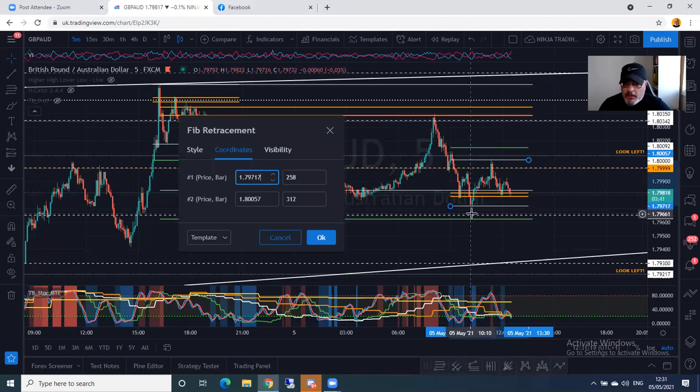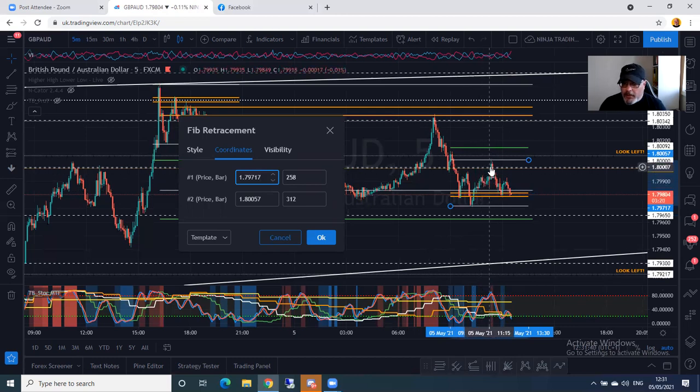So that is telling me that on that candle there, the low is 1.79717. So actually, I'm on 1.79717. So it looks to me like that is slightly lower, but okay, we've got it fairly accurately.